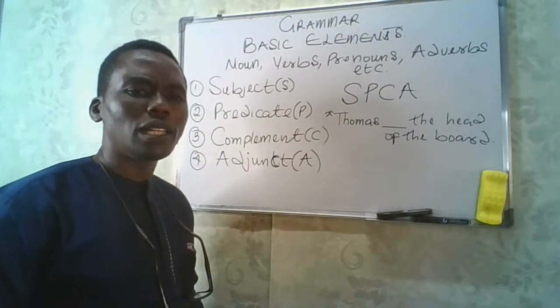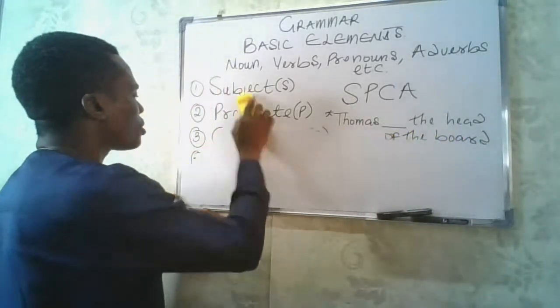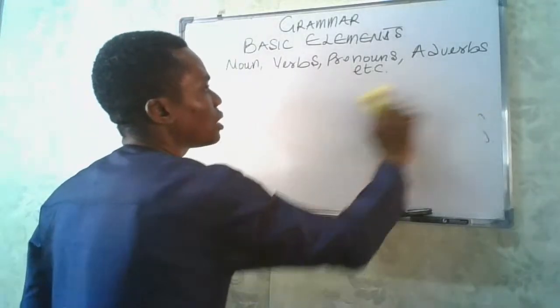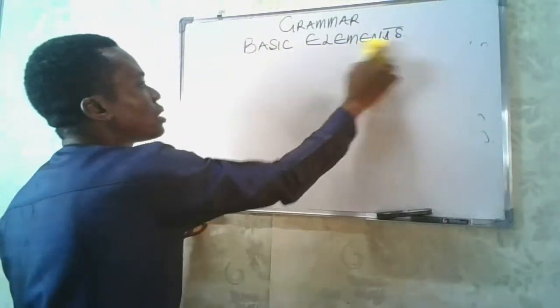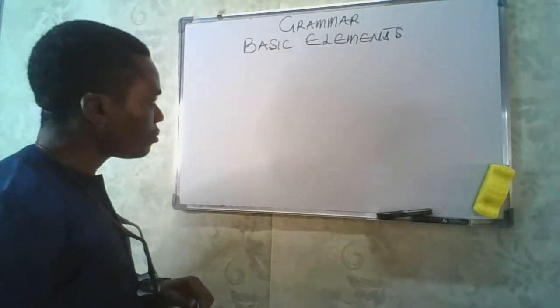Now, we're going to look at the subject as a whole. How do we look at the subject, and what do we need to know about the subject in any sentence? Let's consider the subject of a sentence.